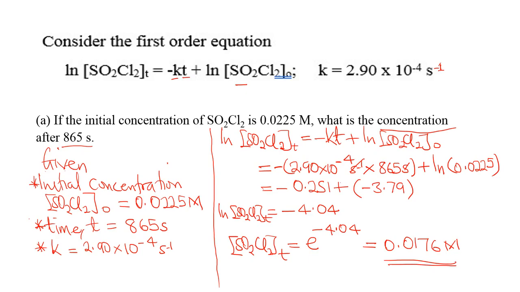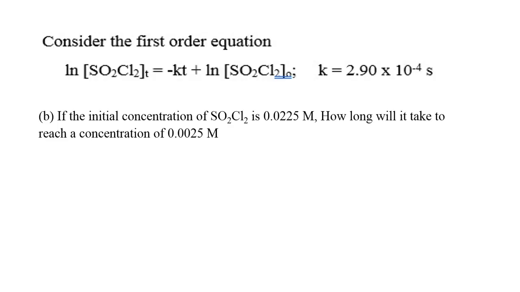Now let's go on to solve the second problem. If the initial concentration of SO2Cl2 is 0.0225 molar, how long will it take to reach a concentration of 0.0025 molar?